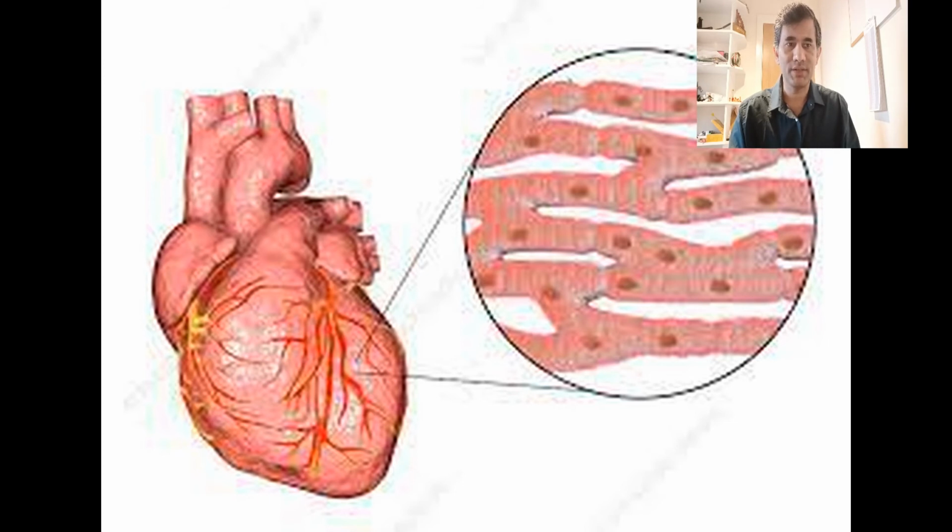There are no striations, and you can see multiple branches in this diagram, and the nucleus is single, which is located towards the center, and there are branches. So again, to revise, it is a branched, cylindrical, uninucleate cell, the cardiac cell.